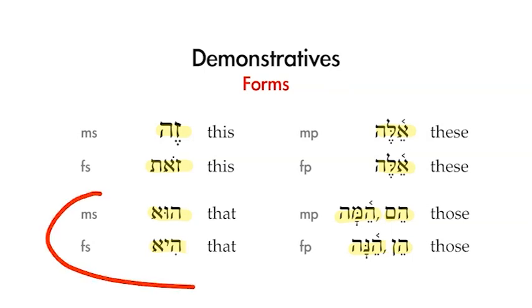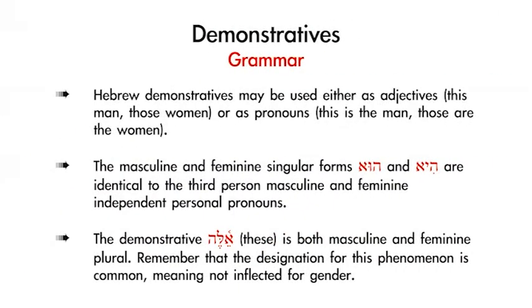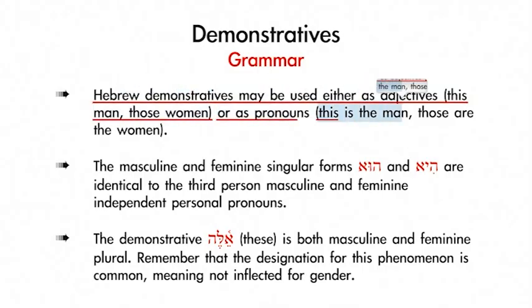You'll observe that in this lower register of demonstratives, they are the same form as the independent personal pronouns. So when you see one of these words, you'll have to determine from context if it's an independent personal pronoun or a demonstrative. We'll review that in a second. Let's consider the grammar of the demonstratives together. Hebrew demonstratives may be used either as adjectives, this man, those women, or as pronouns, this is the man, those are the women.